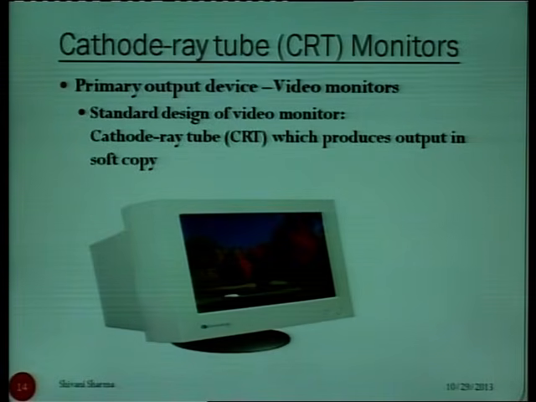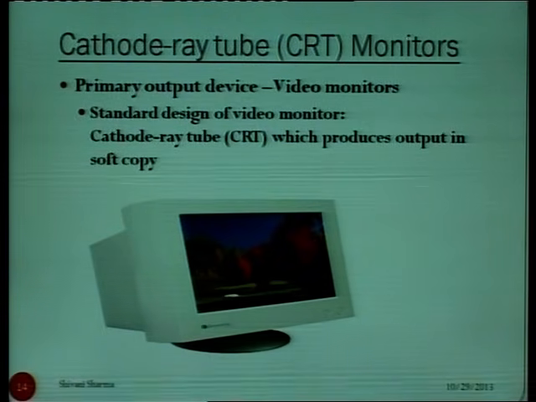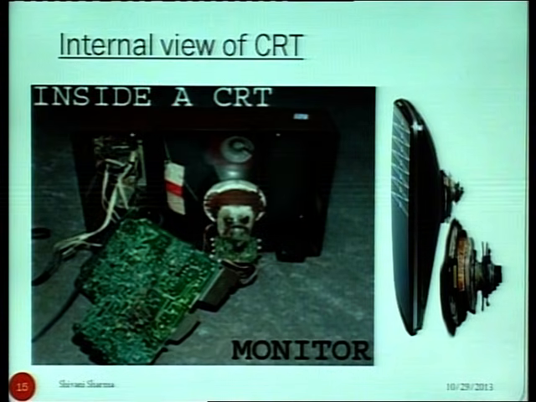So, the general monitors are CRT monitors which look like this, which produce the output in soft copy, in soft form. This is the internal view of a CRT.